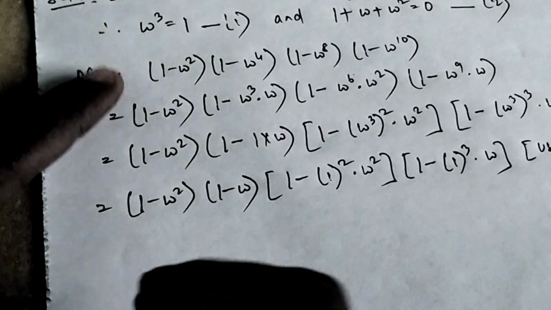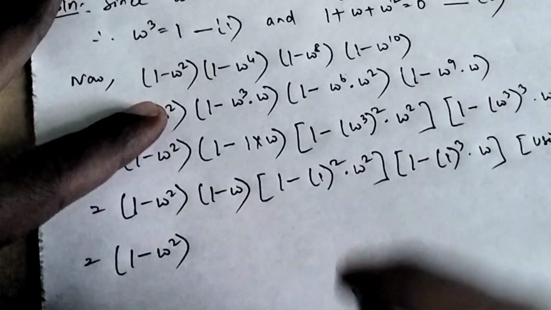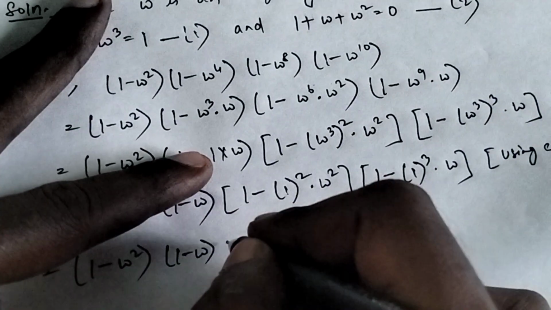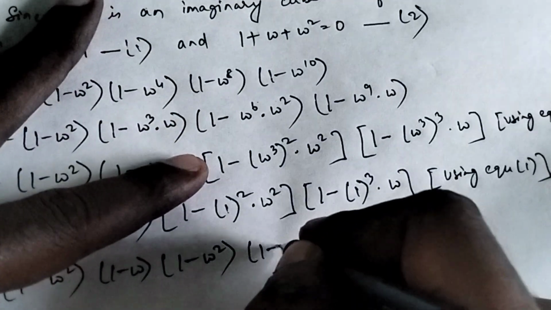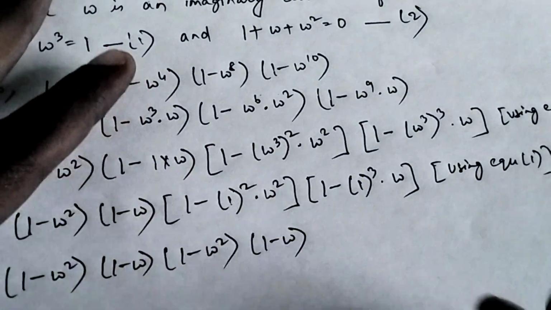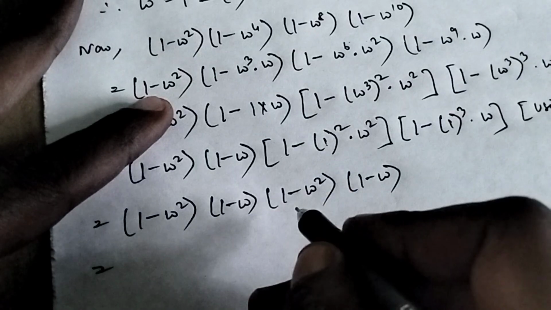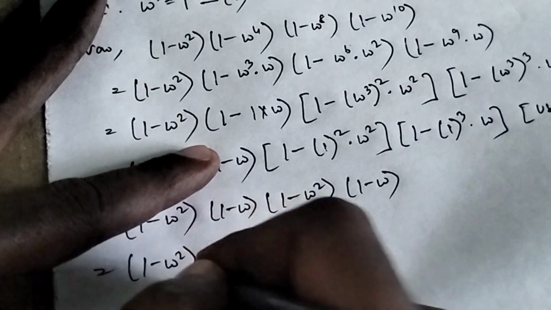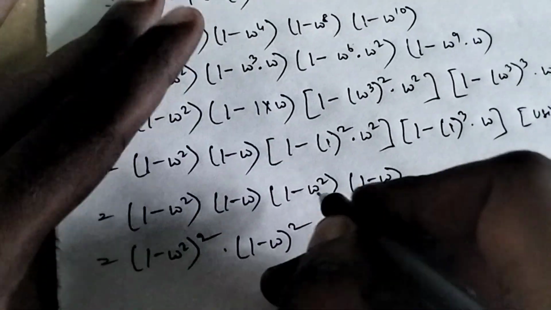So this will be 1 minus omega square, 1 minus omega, 1 minus omega square, then 1 minus omega again, 1 minus omega again. Now you see 1 minus omega square and 1 minus omega, we have 2 times each. So it is 1 minus omega square whole square into 1 minus omega whole square.